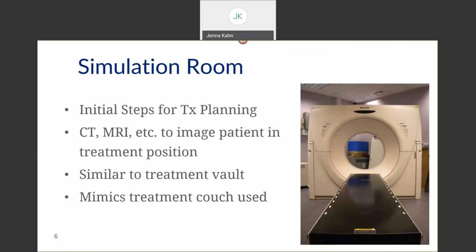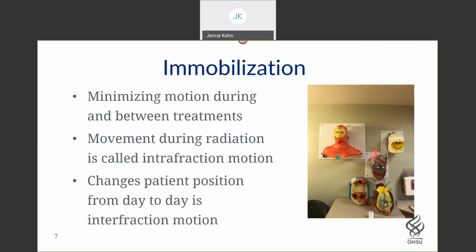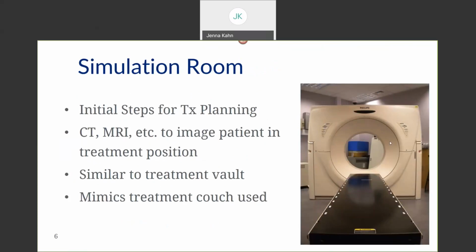The table that is used is similar to the treatment vault, and we are imaging the patient in the actual treatment position. Here you can see a CT scanner with the table that we would use for their treatment.